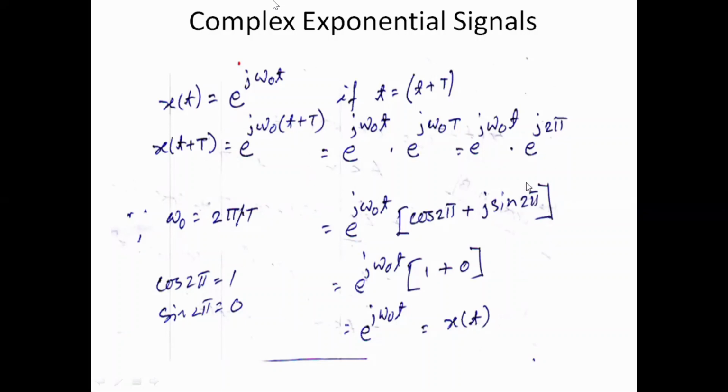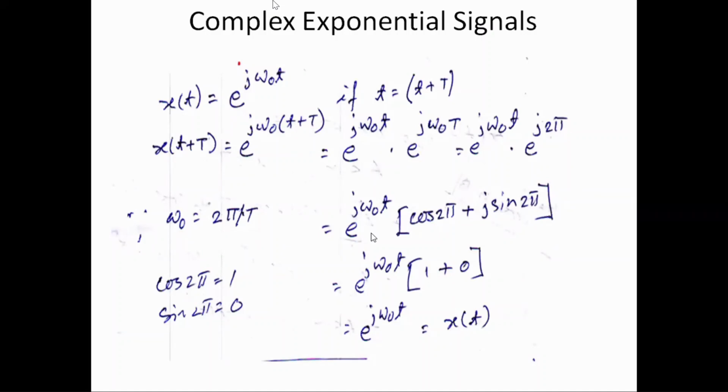This one you can write in trigonometric form from Euler's formula. Taking e to the power j omega 0 t common, we get cos twice pi plus j sine twice pi. Can we write this? Yes or no?